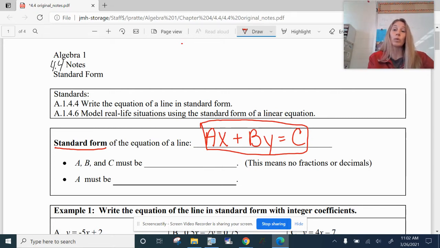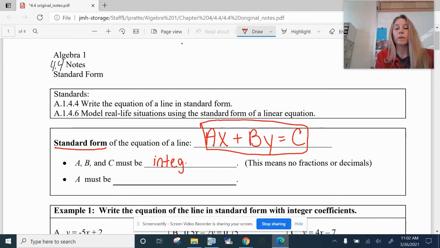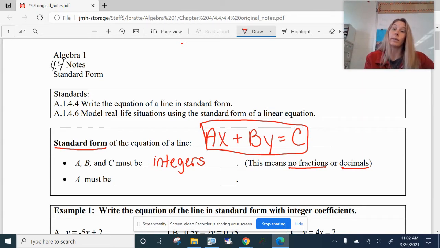Now there's a couple rules when things are in standard form. The first rule is that a, b, and c must all be integers. And that means that there can be no fractions or decimals in the final answer when it's written in standard form. Now, we know from previous lessons that when equations are in point-slope form or in slope-intercept form, we often see fractions or decimals.